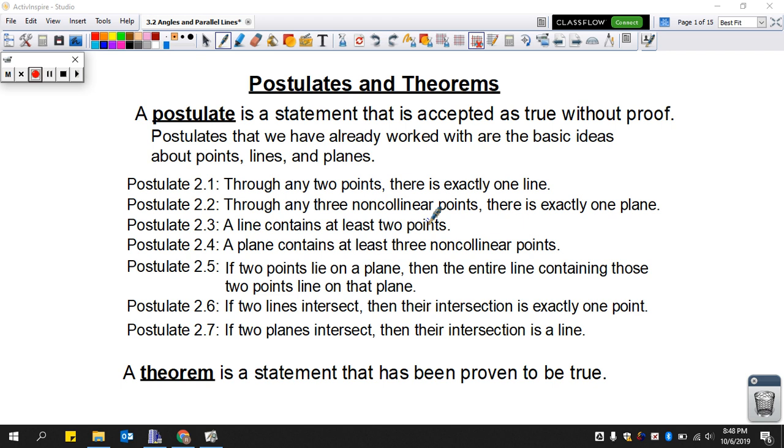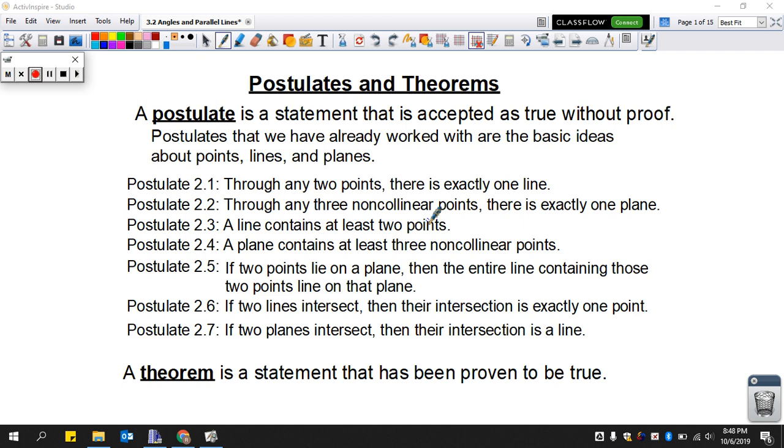A theorem, on the other hand, is a statement that needs to be proven to be true. All the theorems that we're talking about, though, have already been proven to be true, but at some point this year, we're going to be doing some basic proofs of some of the theorems.